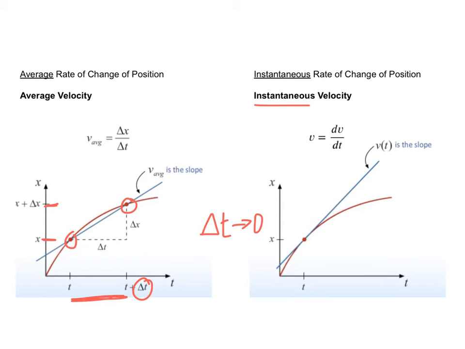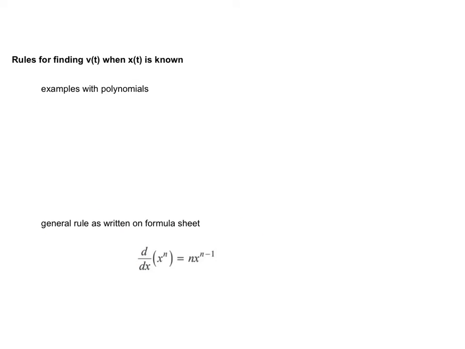I'm not going to go through, this is wrong, this is supposed to be an x here. I'm not going to go through and specifically show you why this works. That's what the entire class of calculus does. What I'm going to show you is how to perform it, how to make it work. At the bottom of this slide, I have written how this rule is written on our AP formula sheet, because it is available to us.